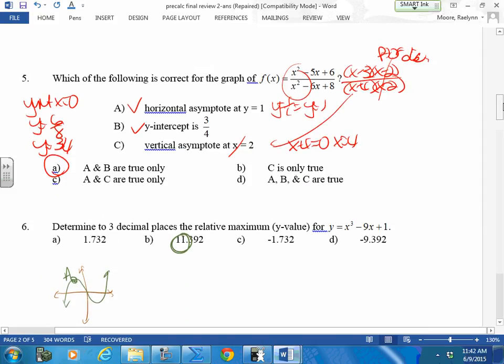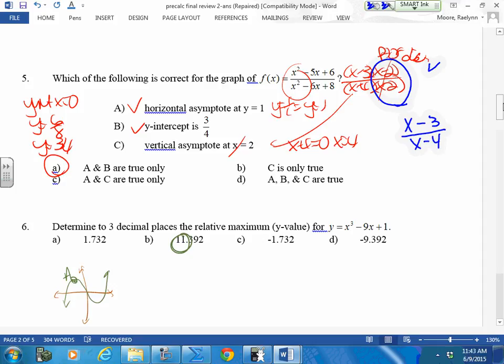Here's a good one. This makes you look at your horizontal asymptotes, your vertical asymptotes, your point of discontinuity. So the first thing you do is factor. Factor and reduce. What you reduce is a point of discontinuity. What you're left with, over x minus 4, is your vertical asymptote.